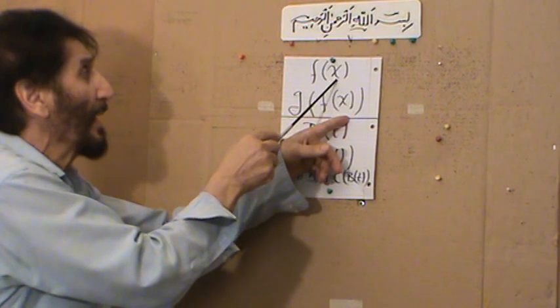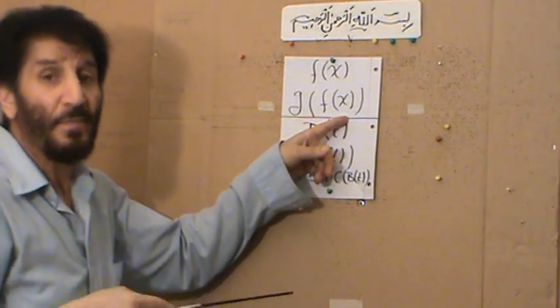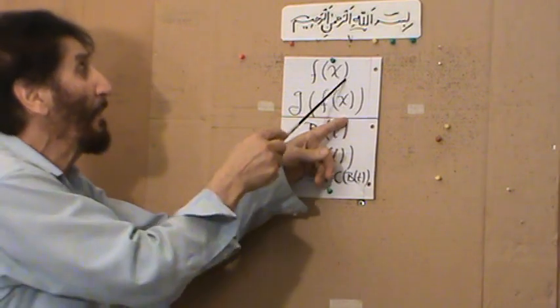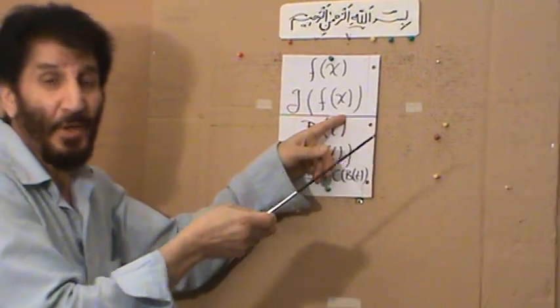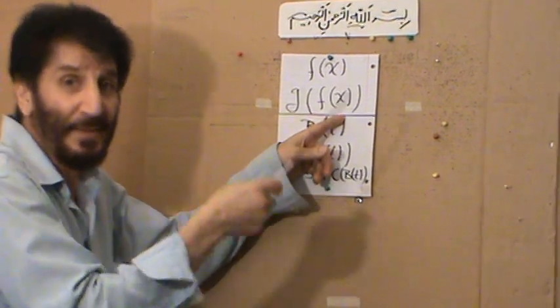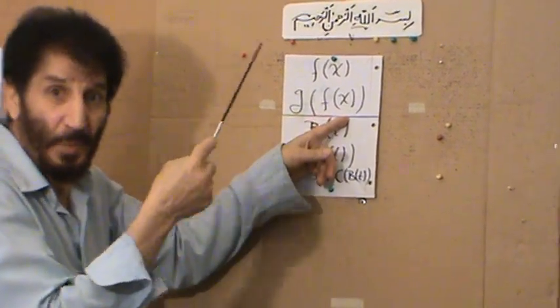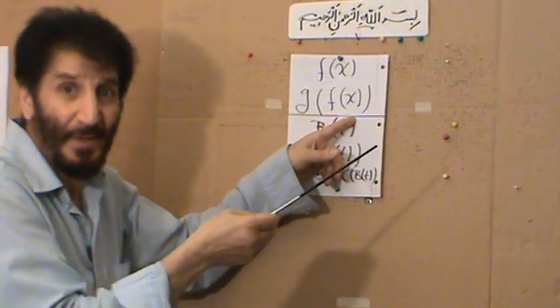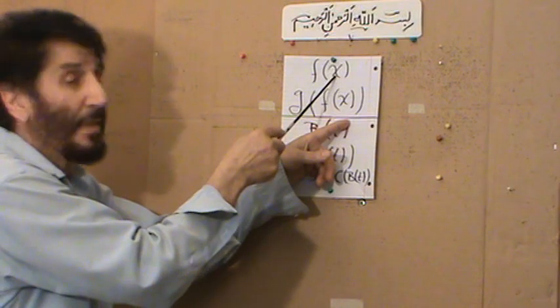So x is assuming its values from the domain. And then f of x is the image of x, which means what is going to be paired with x. And what is going to be paired with x, it is f that determines that.